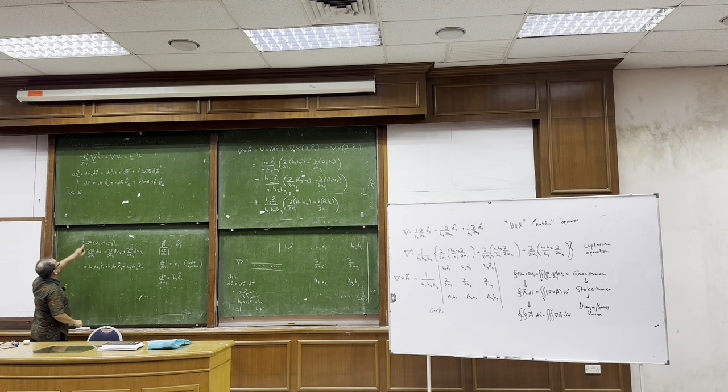So now we look at the difference in position vector for spherical coordinates. What is h1? You can find h1, h2, h3.